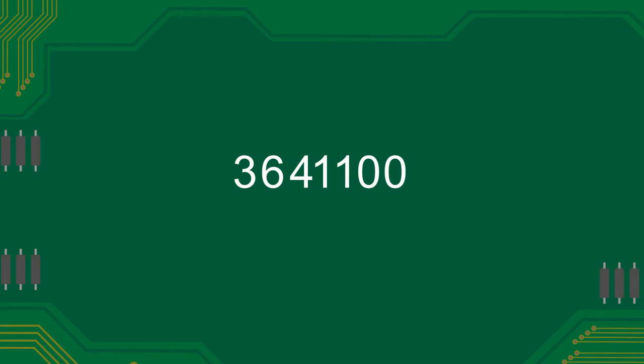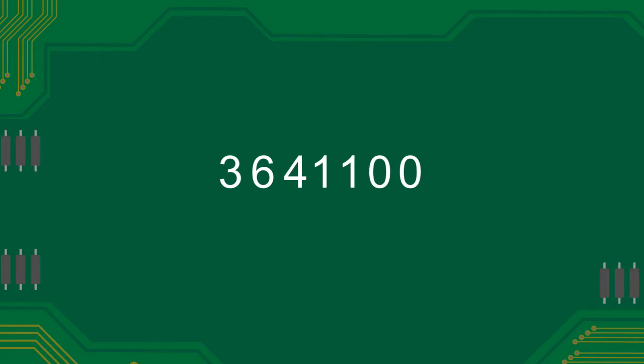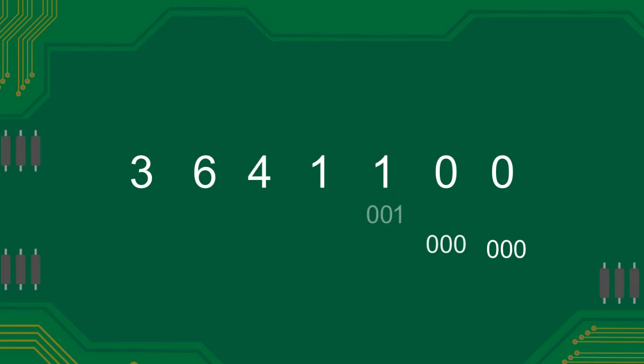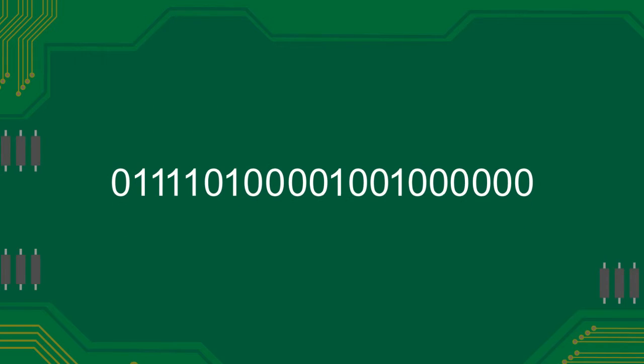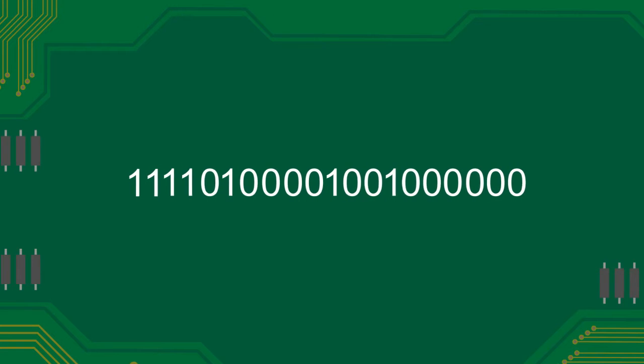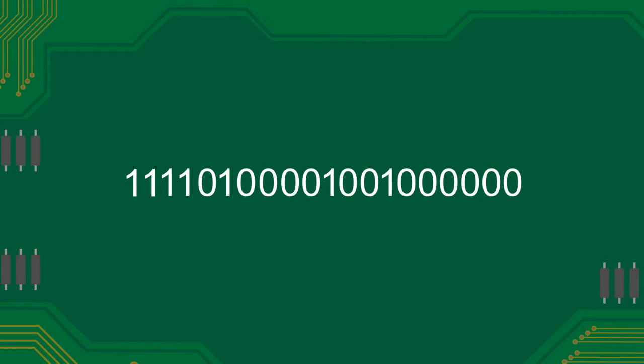To convert a multiple-digit octal number to binary, each octal digit in the number is converted to a 3-bit binary equivalent, and the binary digits are all combined into a single binary number. Any leading zeros can be removed. To convert a binary number to octal, we do the same thing in reverse.